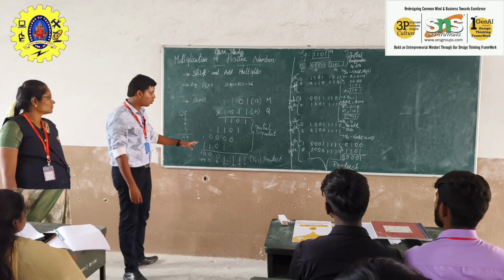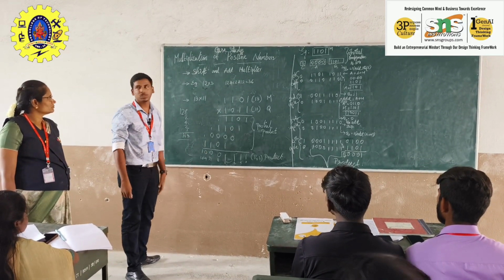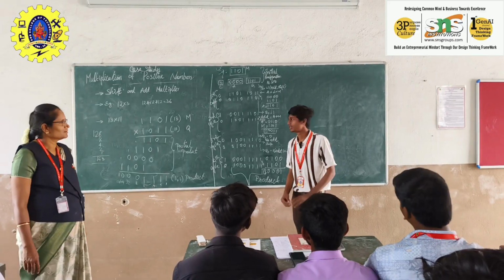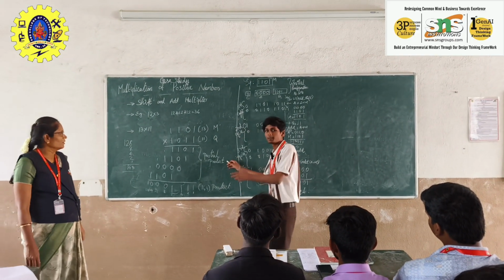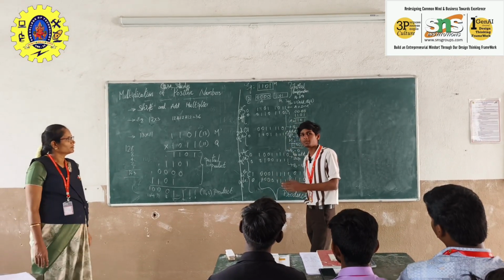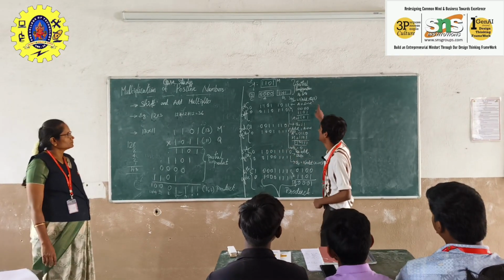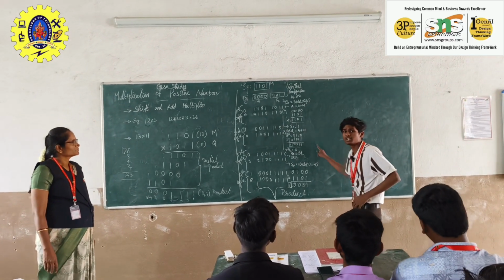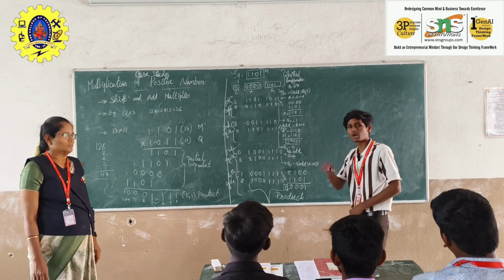We check using this method, so we get an 8-bit product. This is the paper and pen method, but now I am going to explain what is done inside the computer.